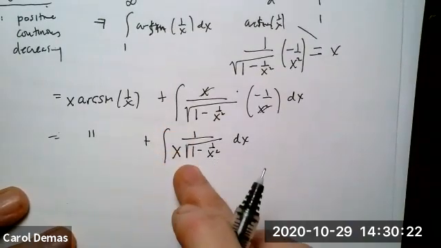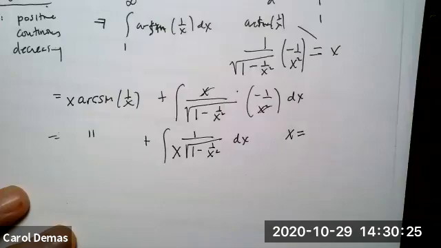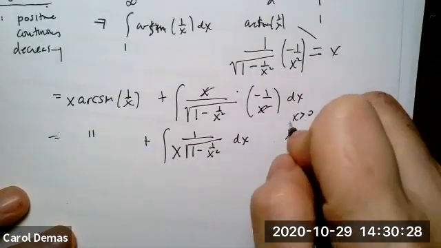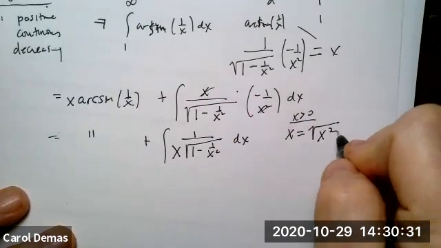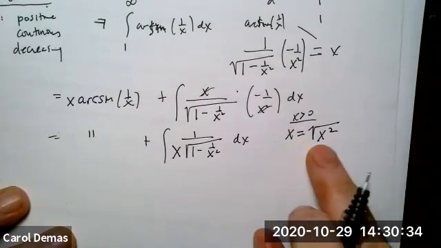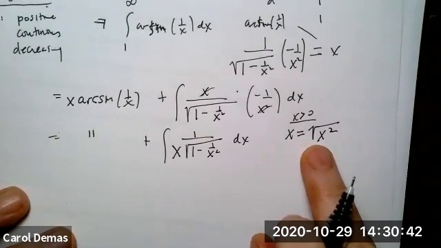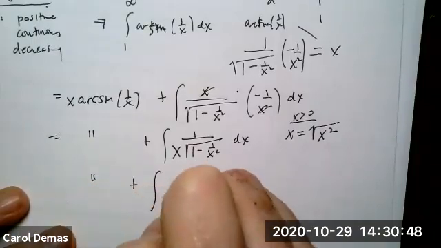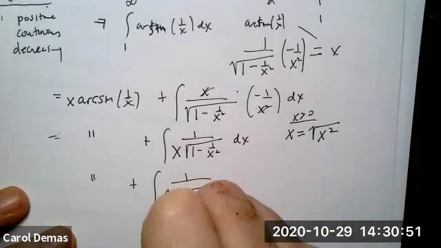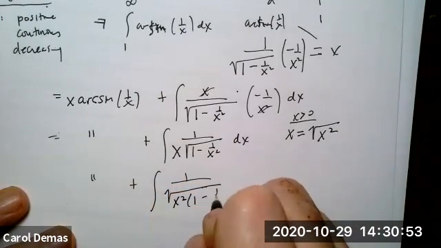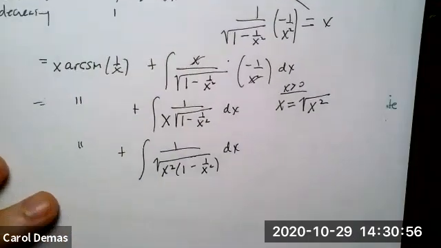And now I don't want to blow your minds, but if x is greater than 0, x is going to be the same as the square root of x squared, right? Everybody agree with that? Yes, I agree with that. Okay. So I can write that integral as 1 over x squared times 1 minus 1 over x squared. Okay, and when I distribute, we'll have the square root of x squared minus 1.